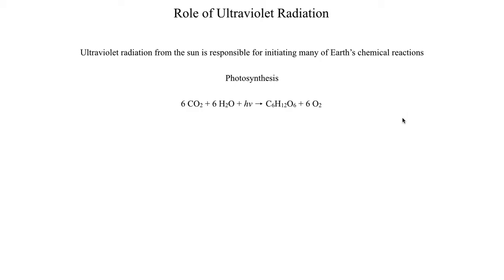The technical term for this reaction is a photochemical reaction, and it's called that because it involves the absorption of some sort of high energy photon, which in the case of the Earth system is usually something in the ultraviolet spectrum.